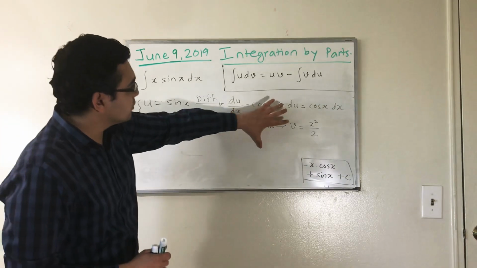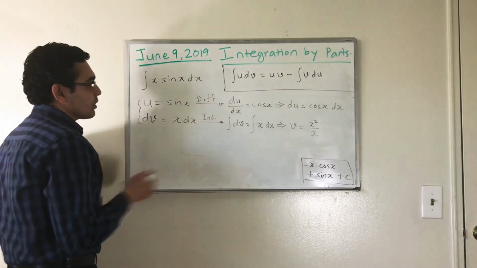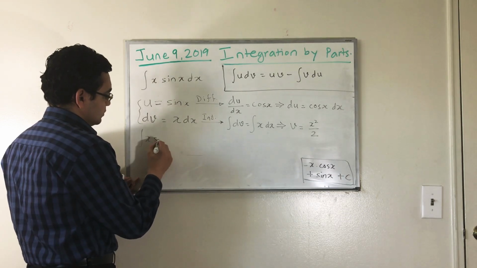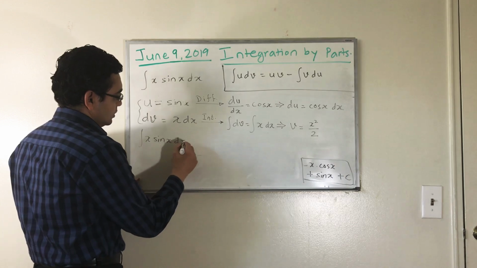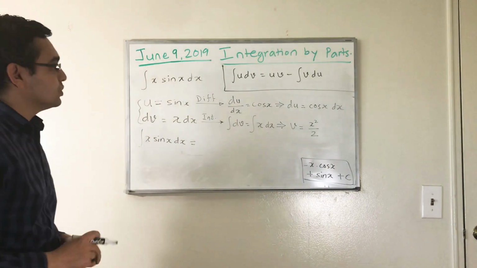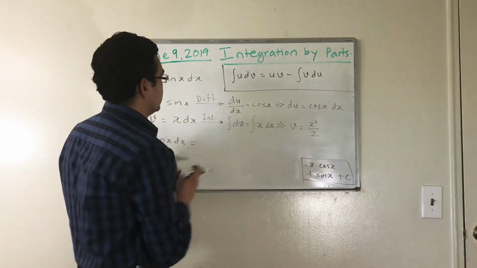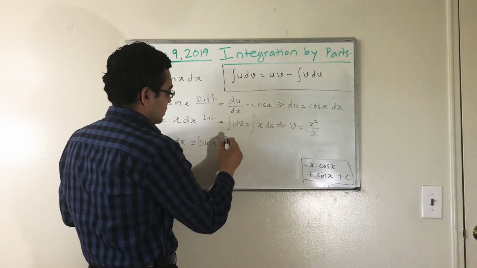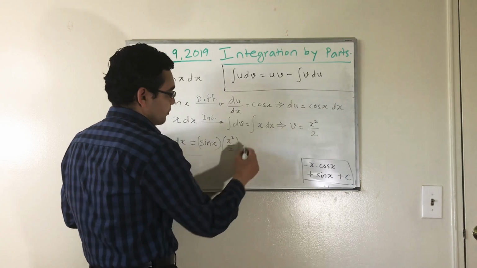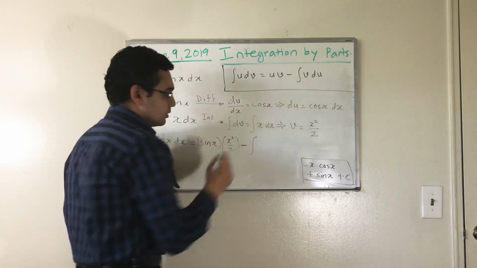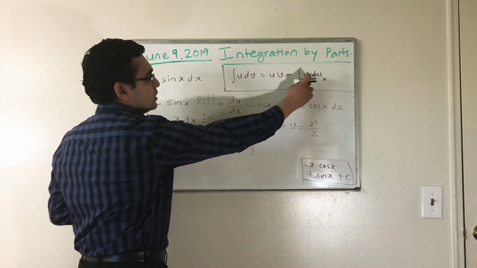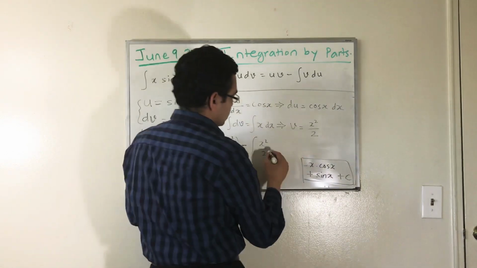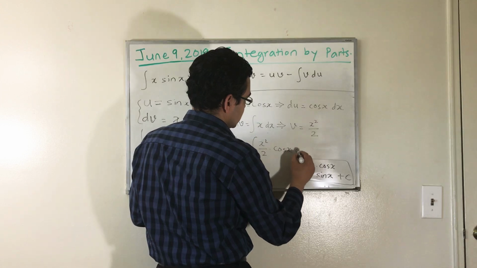So let's plug everything back into the formula, and what we get is integral x sine x dx is equal to u times v, so we get sine x multiplied by x squared over 2, and then minus integral v du. v is x squared over 2, and du is cosine x dx.